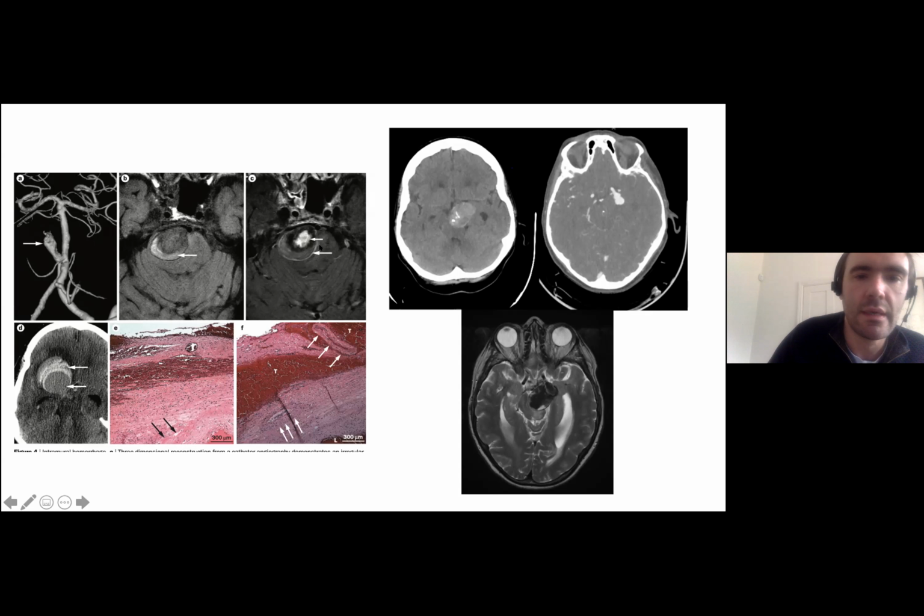These giant, partially thrombosed aneurysms are felt to be an atherosclerotic process that occurs in the brain.